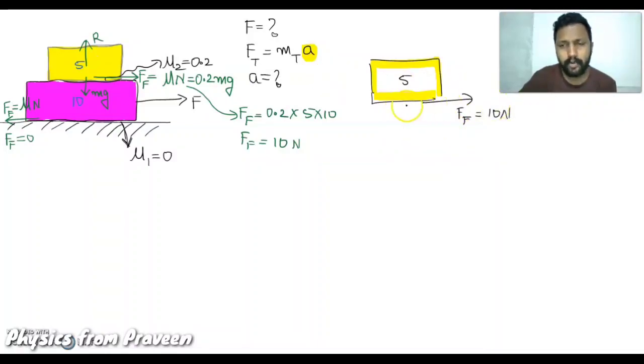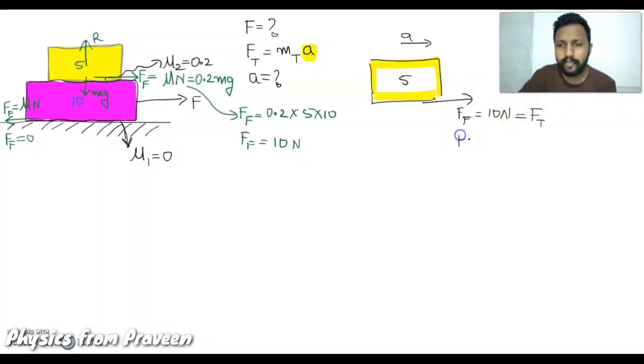By this 10 Newton force, the 5 kilogram mass is moving with an acceleration a in this direction. Is there any other force acting on this 5 kilogram mass? No. Therefore, the frictional force is the total force acting on the 5 kilogram mass.